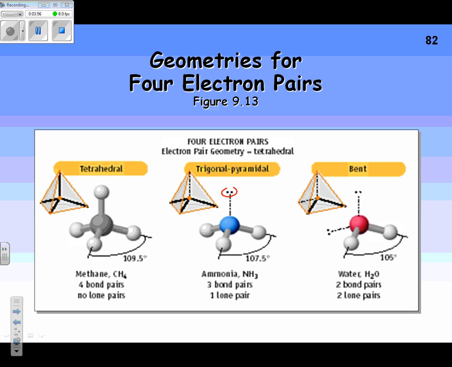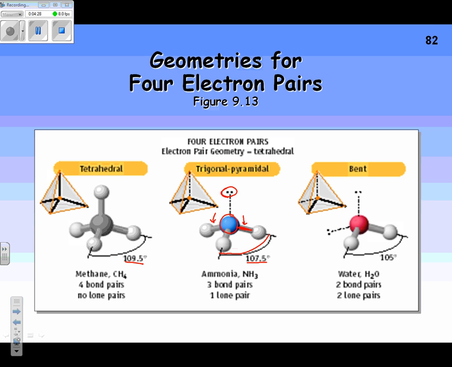This unshared pair is only attracted to that one nucleus, making it take up more space than a bonding pair of electrons. It forces the bonding pairs a little closer together and closes that bond angle. So instead of 109.5, this one with an unshared pair has a bond angle of 107.5 between the bonding atoms.